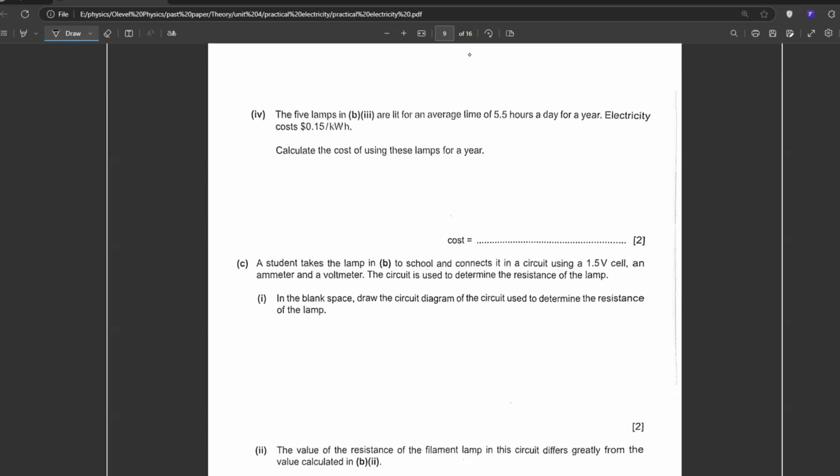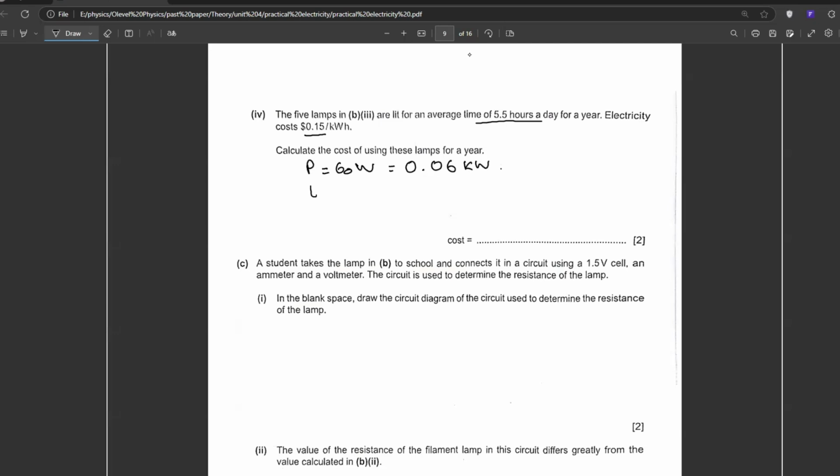The 5 lamps in B part 3 are lit for an average of 5.5 hours a day for a year. Electricity costs $0.15 per kilowatt hour. Calculate the cost of using these lamps for a year. Okay, so what was the power of each lamp? It was 60 watts. If I convert it into kilowatts, what will it become? 0.06 kilowatts.